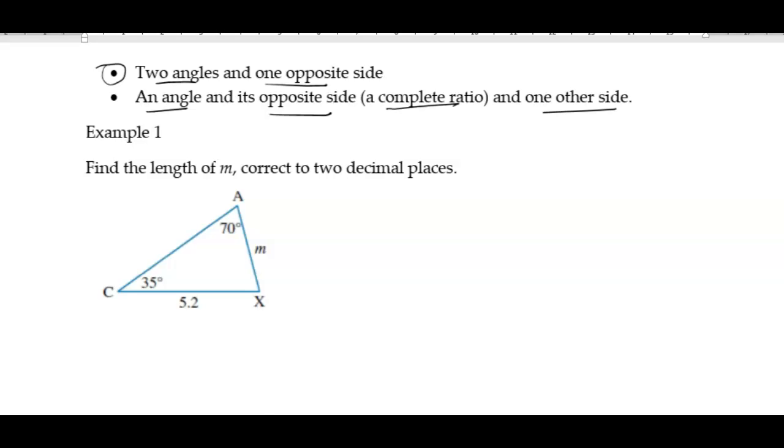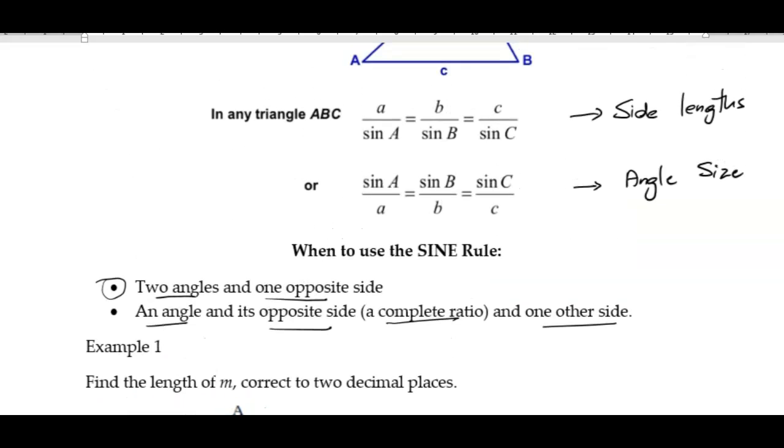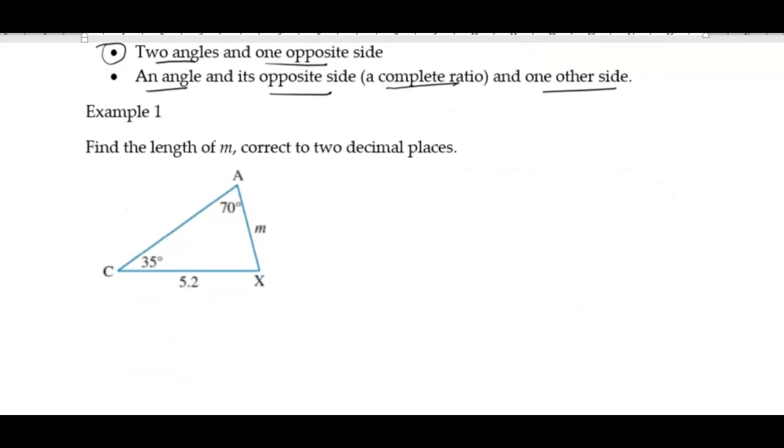Since we're trying to find the side length, I'm going to represent my ratio in this particular format. I'm going to start with what is missing. The side that is missing is m, and the angle opposite to m is 35 degrees, so m divided by sine 35 degrees is my first ratio, which is equal to the other complete ratio that I have, 5.2 and 70 degrees, so 5.2 over sine 70.